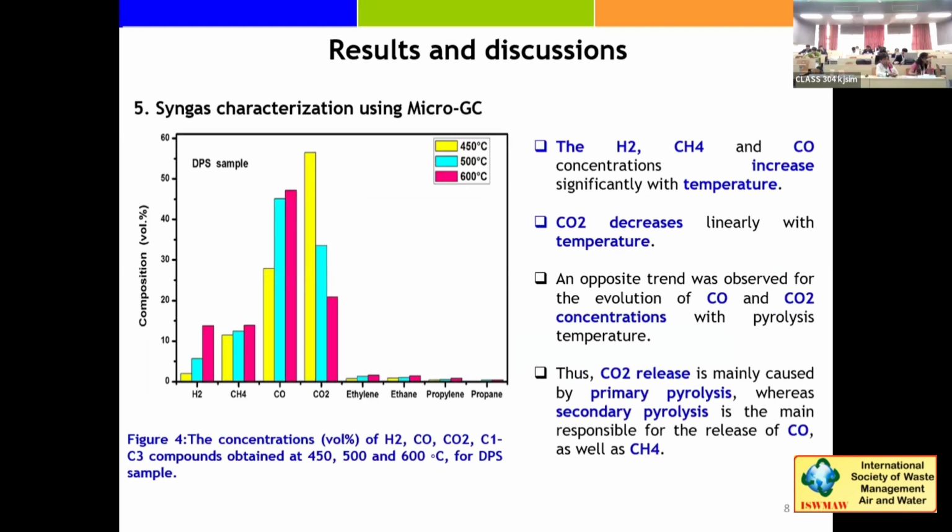So the dioxide carbon release is mainly from primary pyrolysis, while secondary pyrolysis is responsible for monoxide carbon and methane release. This clarifies the higher dioxide carbon concentration at 450 and the lower monoxide carbon concentration originated from the secondary reaction at higher temperatures.